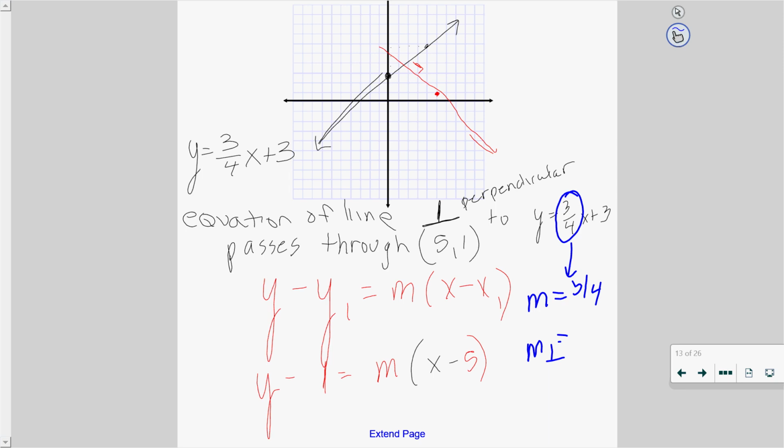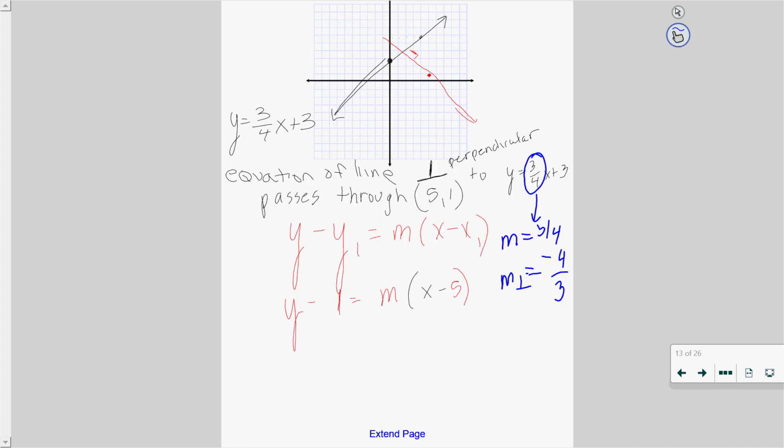So if one is positive, the other one's got to be negative, and I gotta flip it. So 4 thirds, negative 4 thirds. So that means in M, I'm plugging in negative 4 thirds.